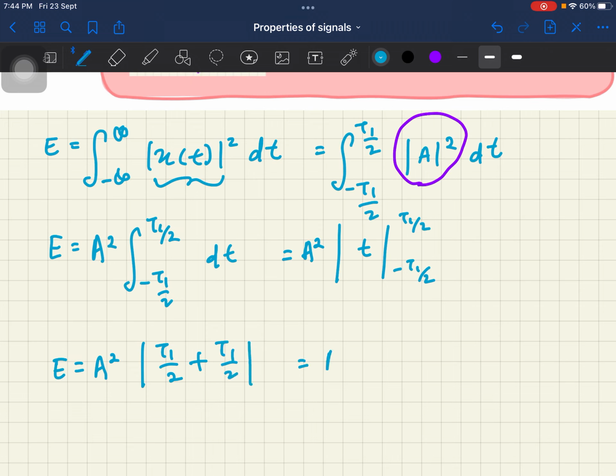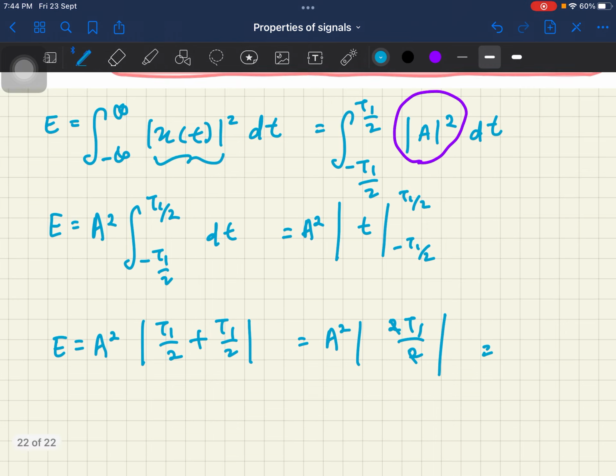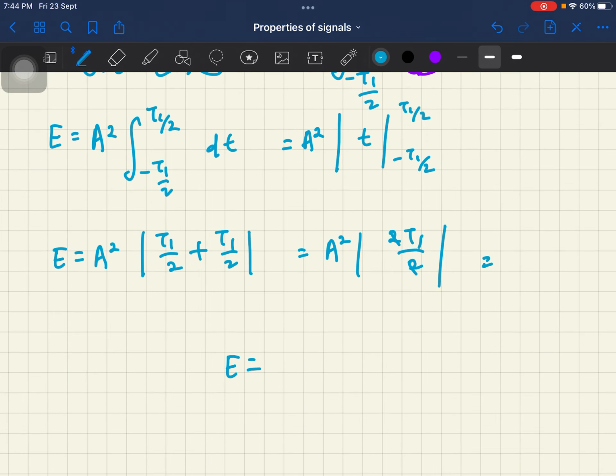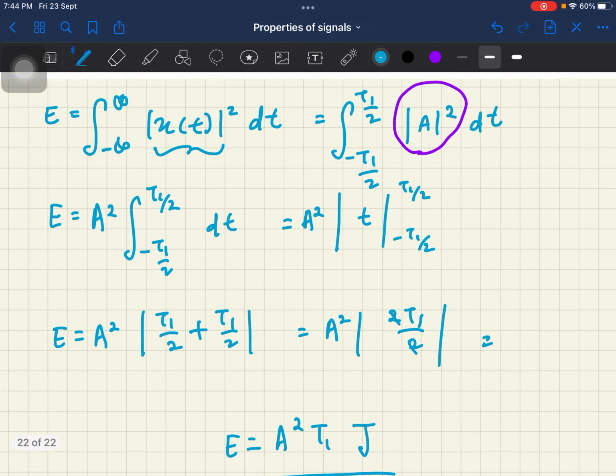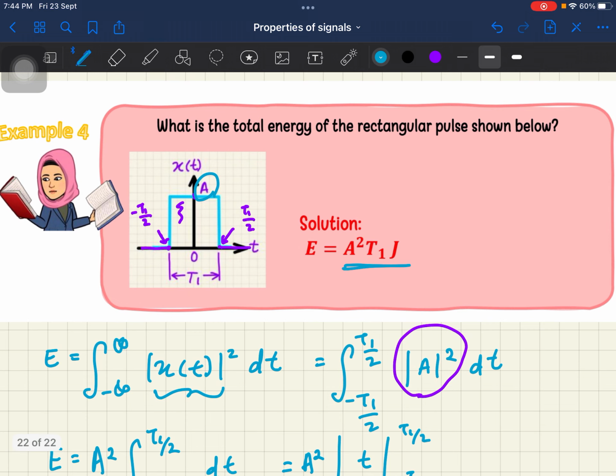So here we have A squared times 2 T1 over 2, they cancel each other, so at the end you have E equals A squared T1. Don't forget the unit, joule, because it's energy. This is the energy for this rectangular pulse.